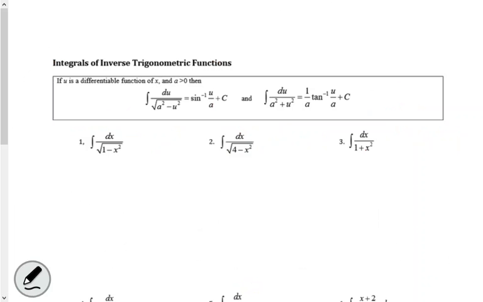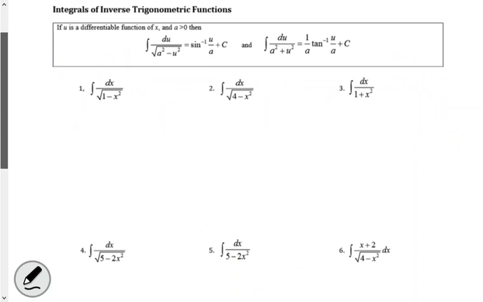But if you don't like it like that and you just want to memorize a formula, then these are the formulas that you should memorize. The integral of du over, if you have something squared minus something else squared, then the inverse sine is just u over a. Make sure you do u sub if you have something else in for u.